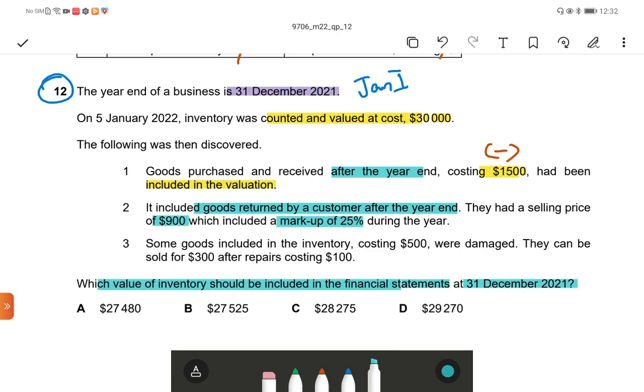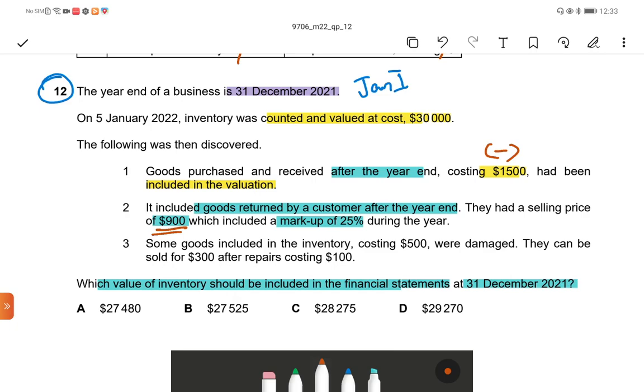Inventory is always valued at the lower of cost or net realizable value. So here we have to calculate the cost because the selling price is given, 900. Markup means profit calculated on cost. Cost is not given; they have given the selling price, so we calculate on margin. The difference between selling price and margin is equal to cost.